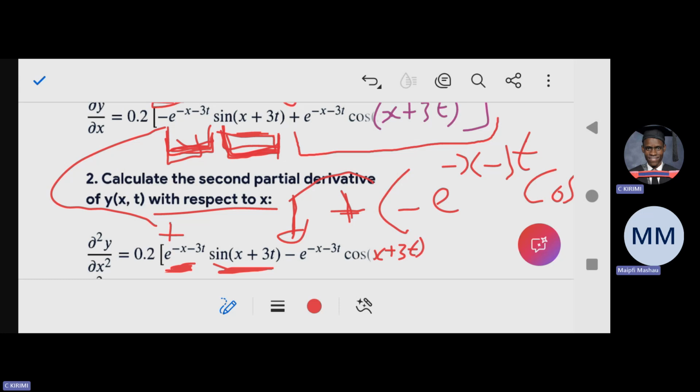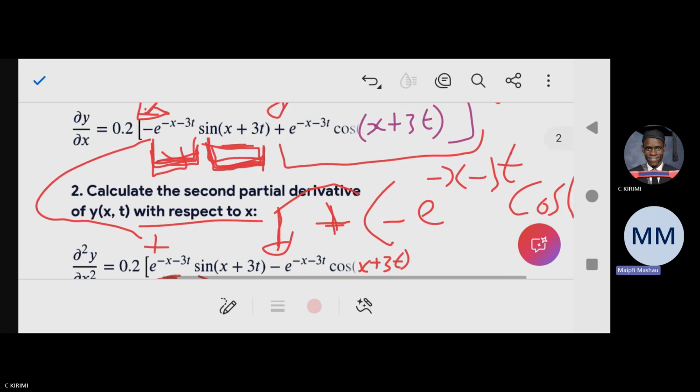So if I differentiate this one, what do you get when you differentiate e to the power minus x minus 3t? But now it's a positive. With respect to what? To x?